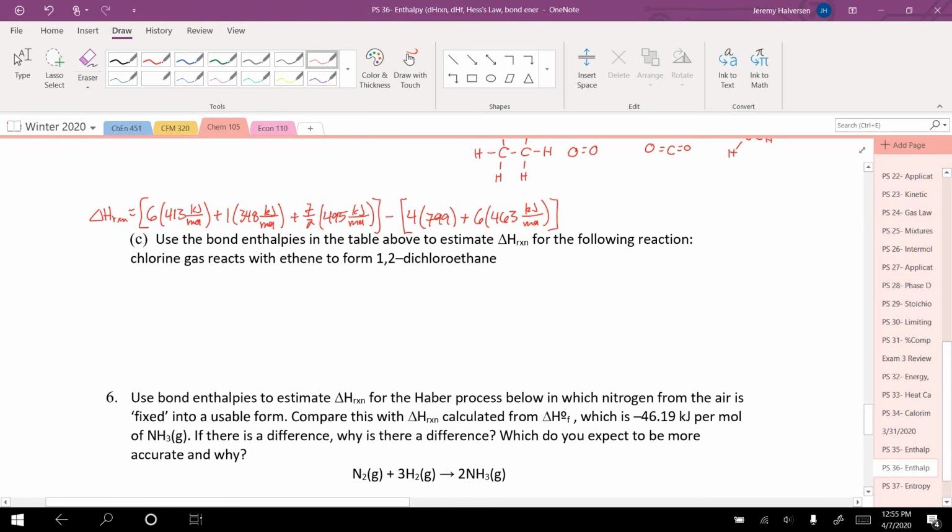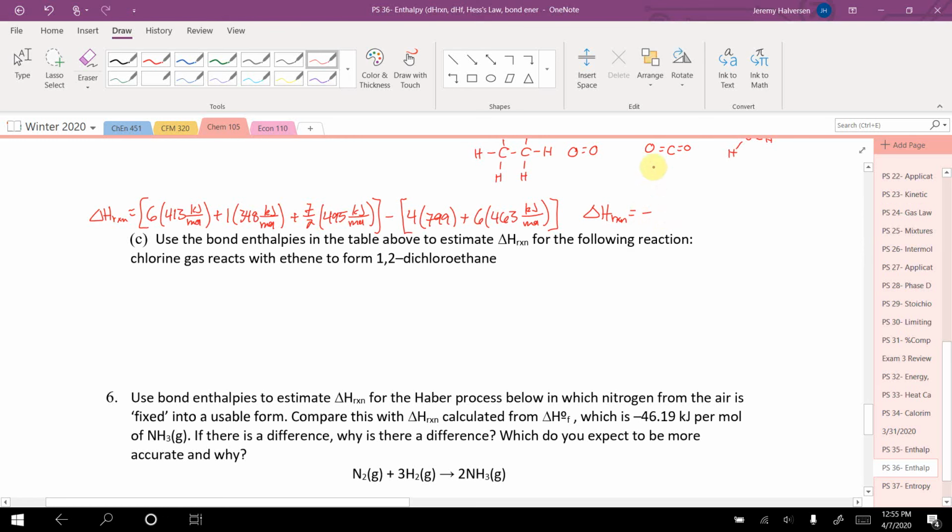And I get the delta H of that reaction is negative 2831.